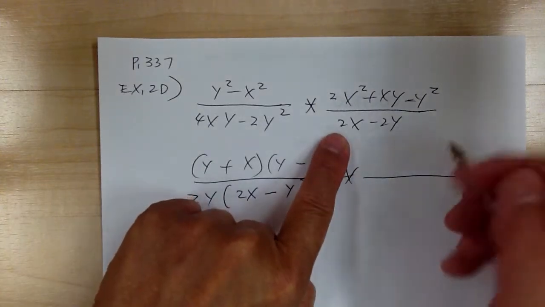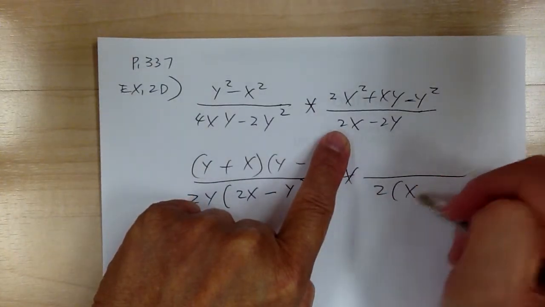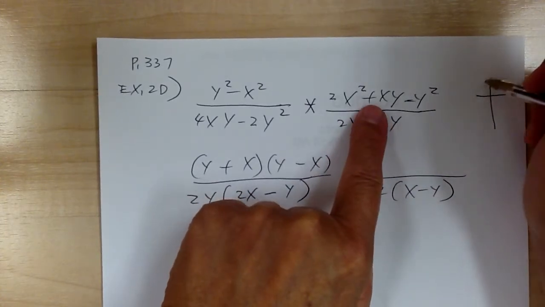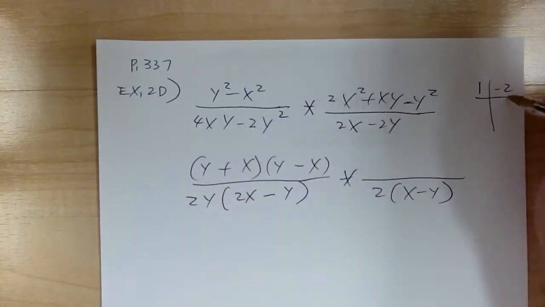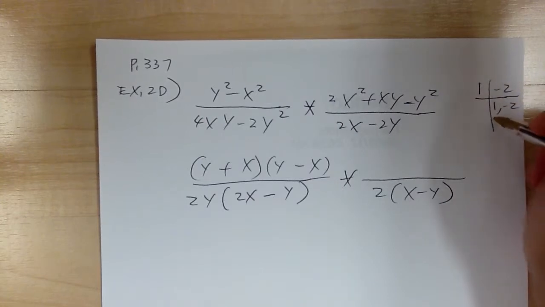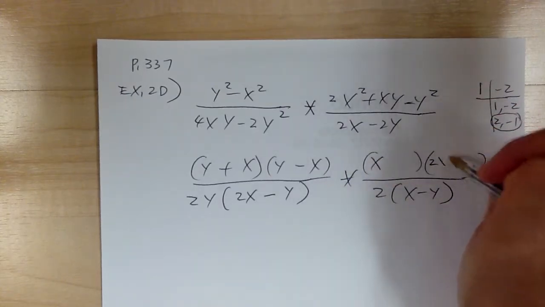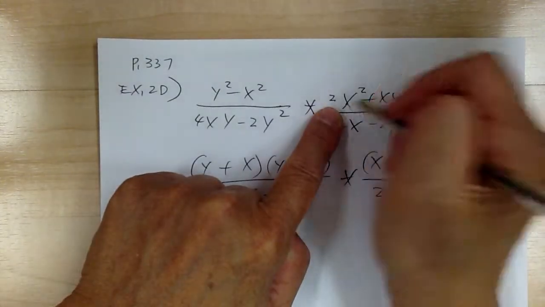Okay, I'm going to do the bottom first. You can factor out the 2, so you get x minus y. On the top, you have to do your master product. So it will be 1 and minus 2. So you can go 1 comma negative 2, 2 comma negative 1. So you're going to get x and 2x. You have to do the first term.